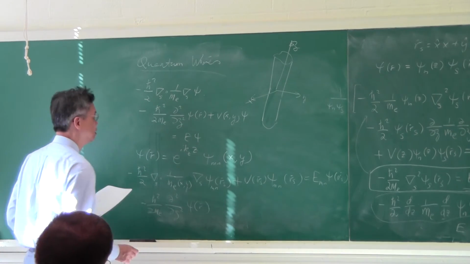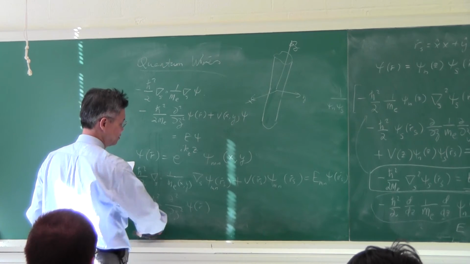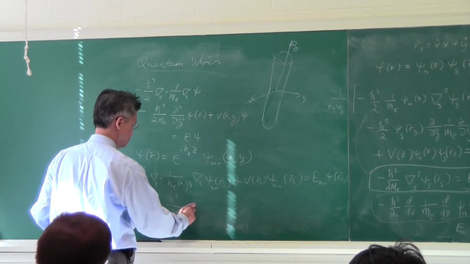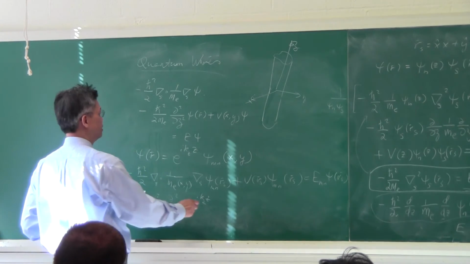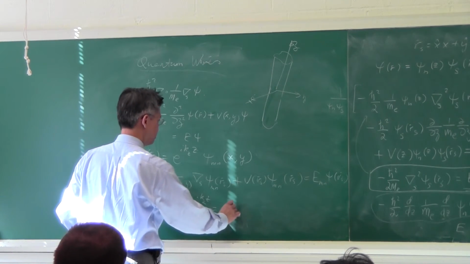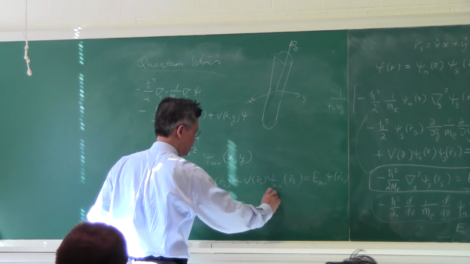Psi of R, the z variation. Okay, z variation is very simple. It's just equal to that, and then it's equal to E minus Emn, e to the ikz.